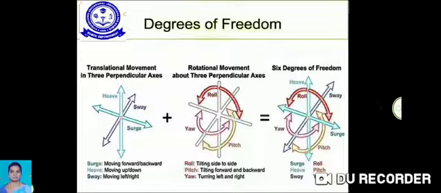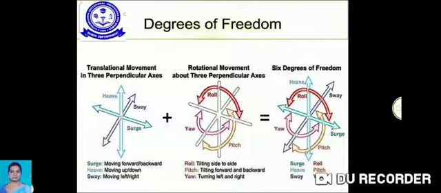Then rotational movement, we have roll, pitch and yaw angle. Roll means tilting side to side, pitch means tilting forward and backward, and yaw means turning left and right.